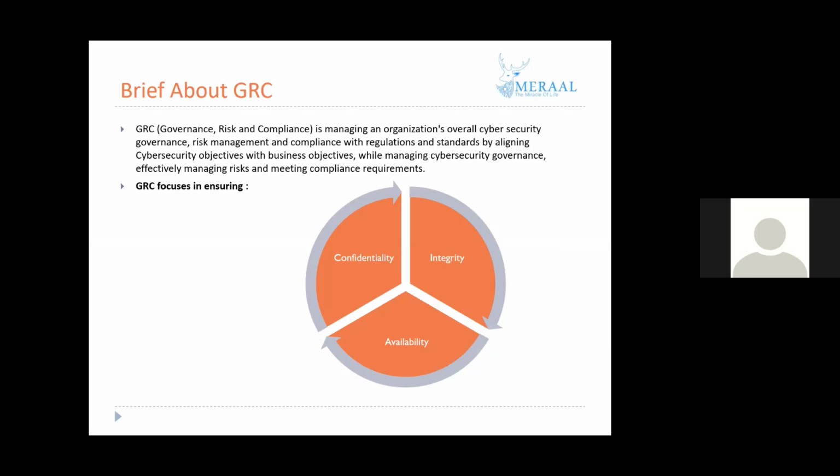GRC works by aligning your cybersecurity objectives with the business and organization objectives to achieve its mission. So how do we ensure this? By focusing on cybersecurity governance, effectively identifying and managing the risks that affect the organization, and ensuring compliance with related regulatory requirements.